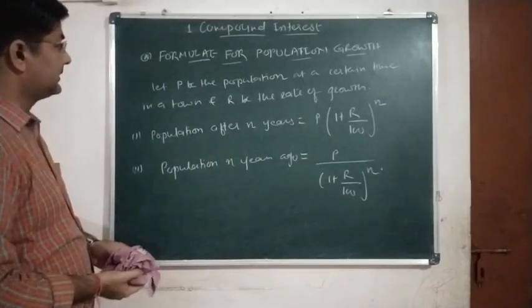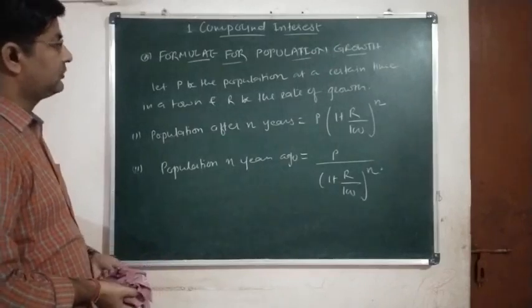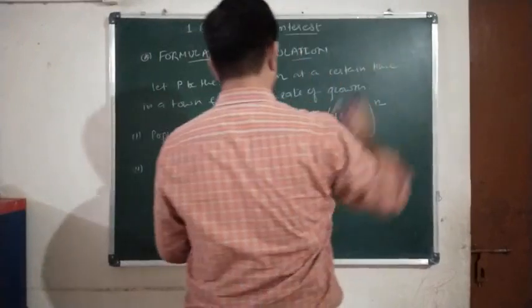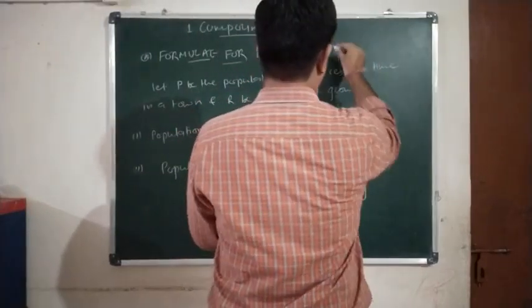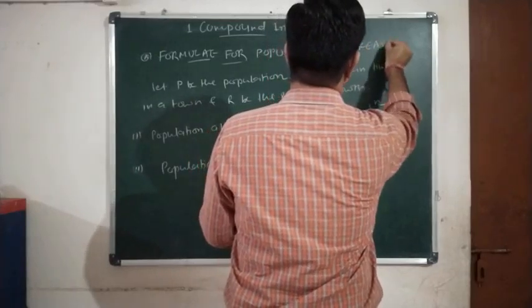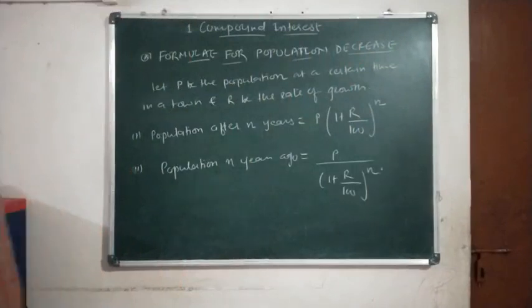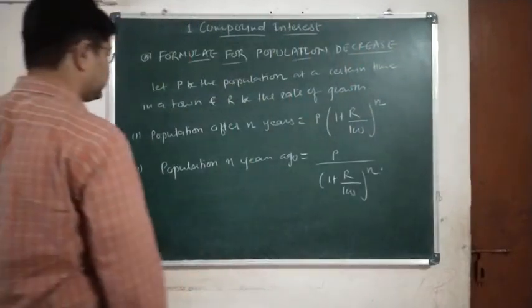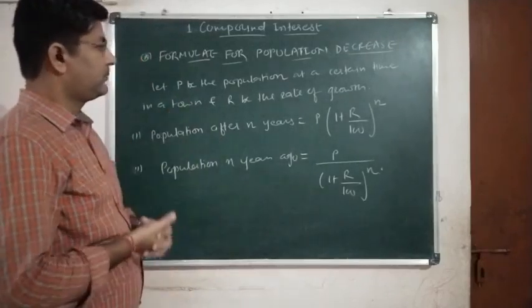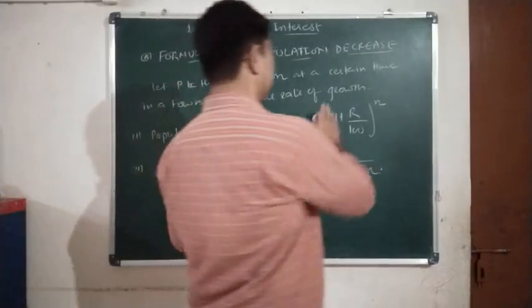Now let us see the formula for population decrease. Let P be the population at a certain time and R be the rate of decrease.